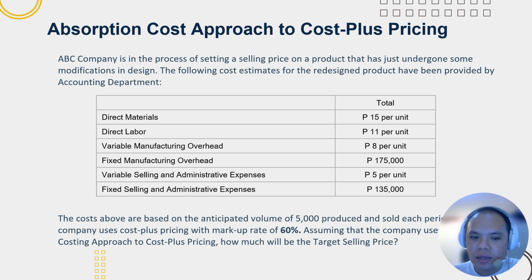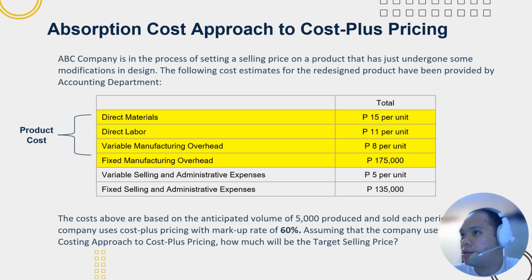Okay? Yan. So since we are using the absorption costing approach, all those direct materials, direct labor, and manufacturing overhead, be it variable and fixed, will be used to compute your product cost.